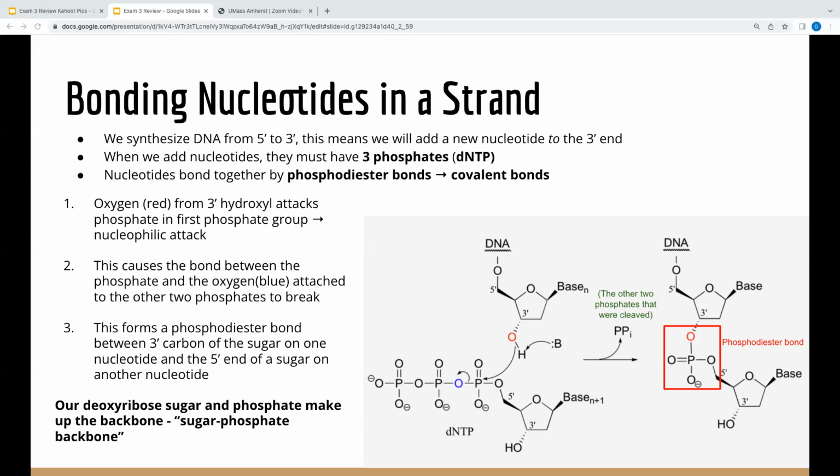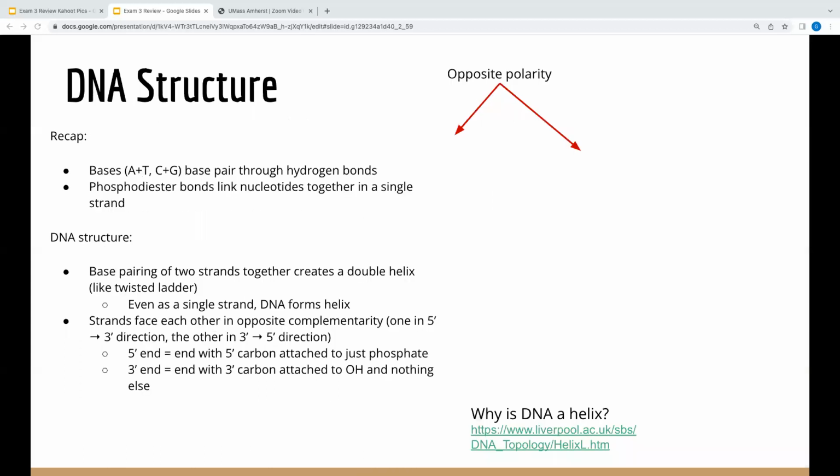And the strand that's already established, if there is one, will be attached to this one up here, as you can see by the DNA being labeled there. So remember, it always gets added to the 3' end.